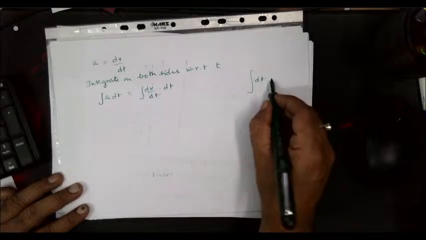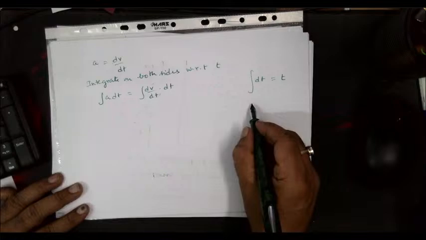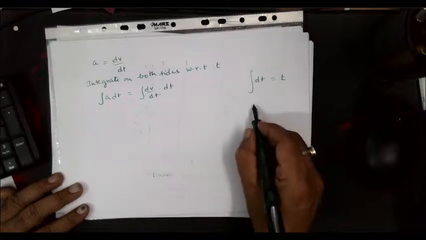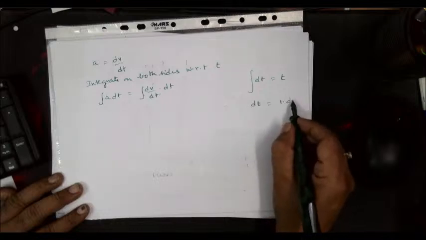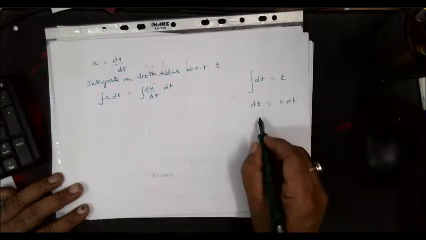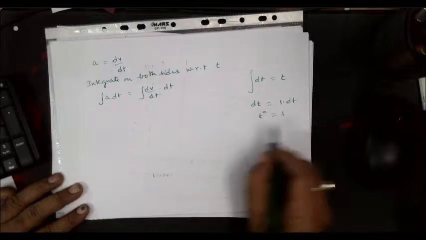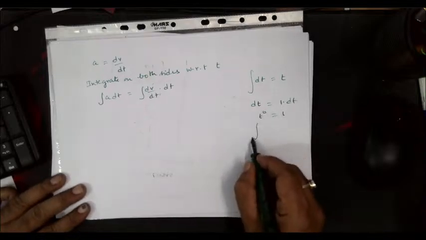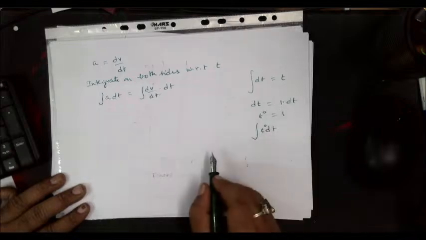It means integration of dt is equal to t, because when I say dt, this is nothing but 1 into dt. So anything power 0 is equal to 1. Let us have t power 0 is equal to 1. Therefore, t power 0 into dt.